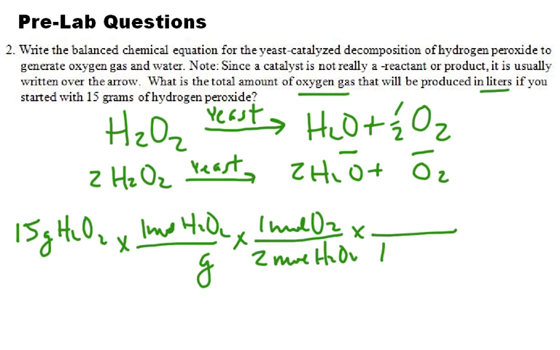And then finally, if we want to go to liters, we know we're going to need to use our 22.4, the molar volume of a gas. And of course, for this whole thing, we are assuming that this is all at STP, or else we wouldn't be able to use 22.4. Now, we do learn way back in Chapter 12 or 13 how to deal with these kind of problems that are not at STP. But that's your basic setup, and those are the 2 pre-lab questions.